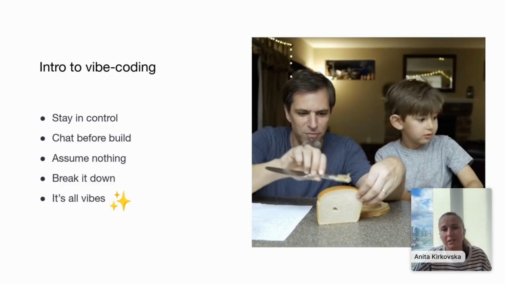And the first point here is that we need to stay in control. So how do we stay in control? By mapping our process before we actually prompt the model. Here's how I visualize this. The first path is I tell the agent to do something without actually thinking about what I want it to do, and the end result is the agent assuming things that I did not specifically say.